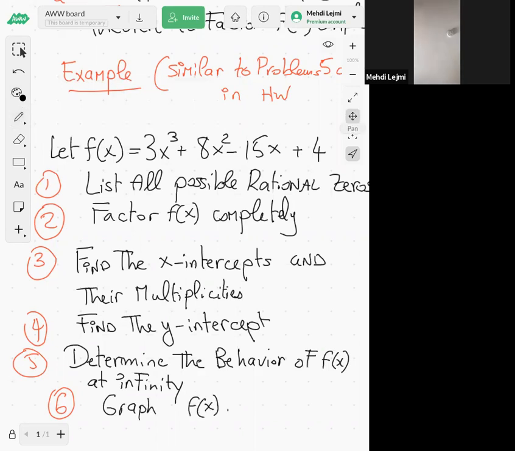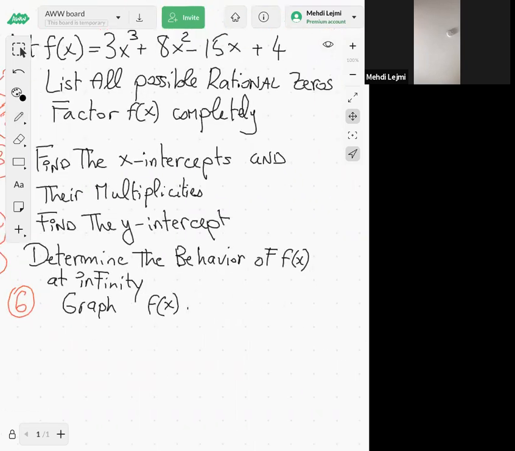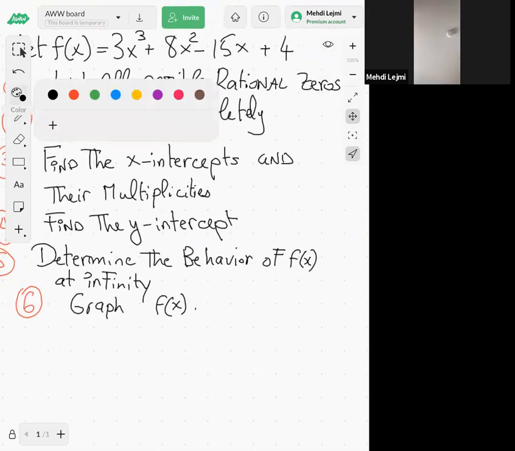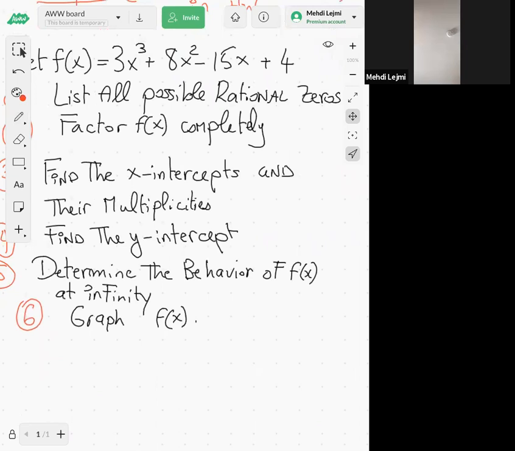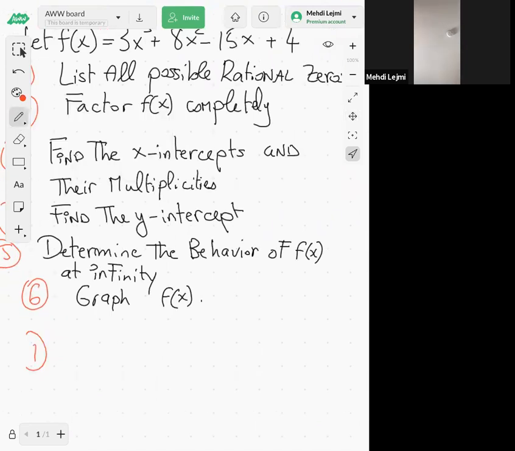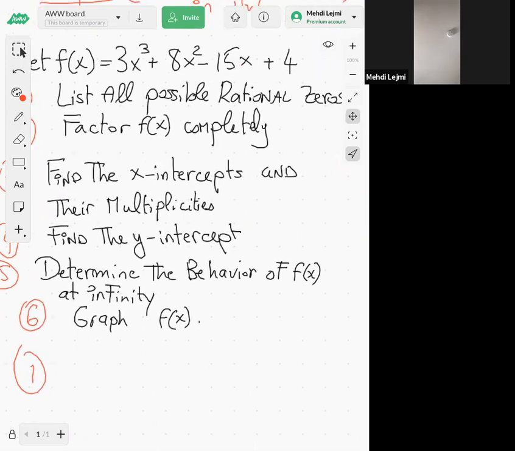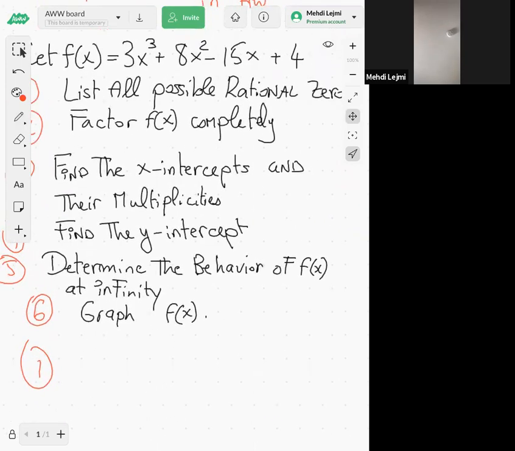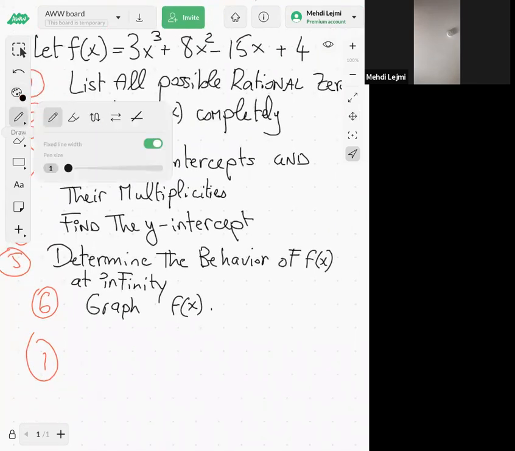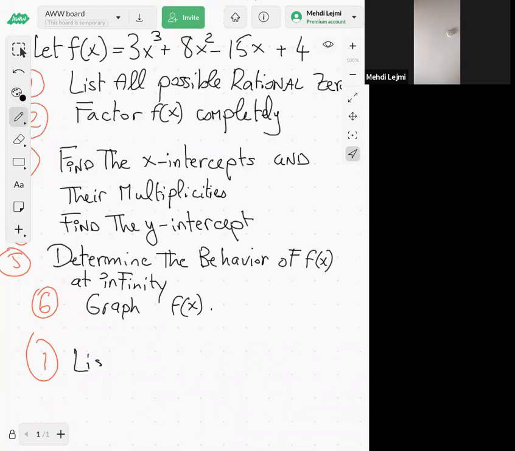Right? So possible rational zeros. Well, so number 1. So we said we have to take the list of possible rational zeros. So first we take the factors of the constant. So here the constant is 4, right?